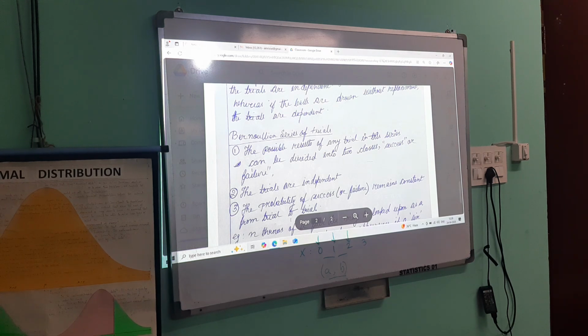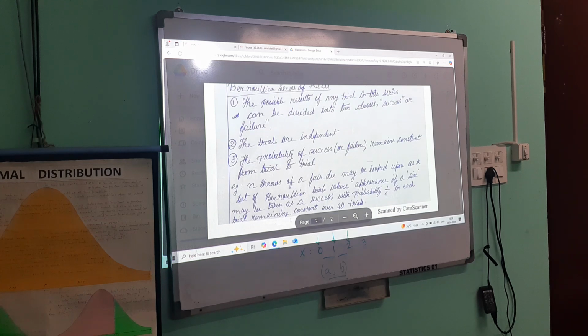And the third point is that the probability of success or failure remains constant from trial to trial.